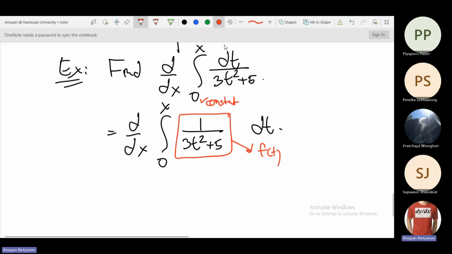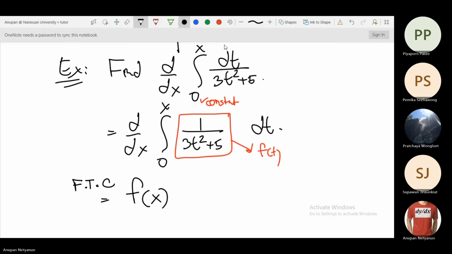Okay, so the result from the fundamental theorem of calculus: you integrate and then you do the derivative, you get f, and you just replace t by x, so you get f of x as a result.